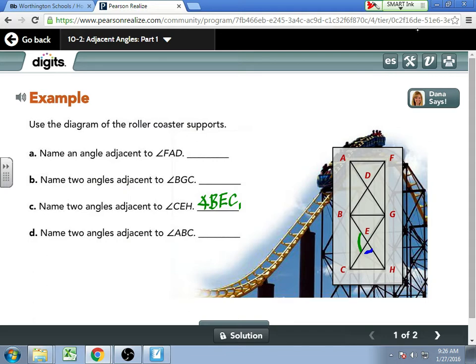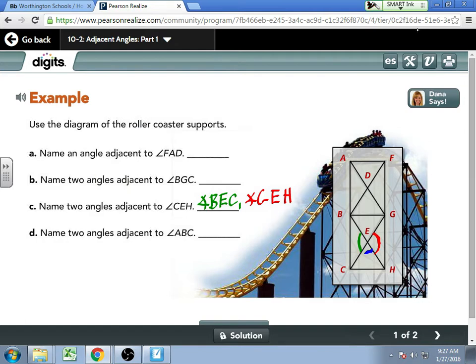Bayla? GEH. GE what? H. GEH. Yeah, that's right here. So GEH will work. Luke? BEG. BEG will not actually.